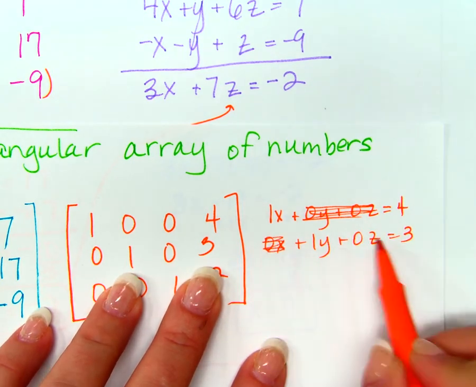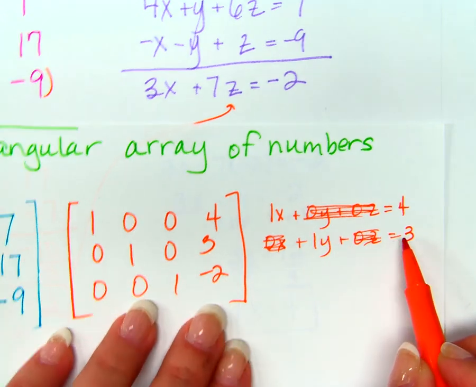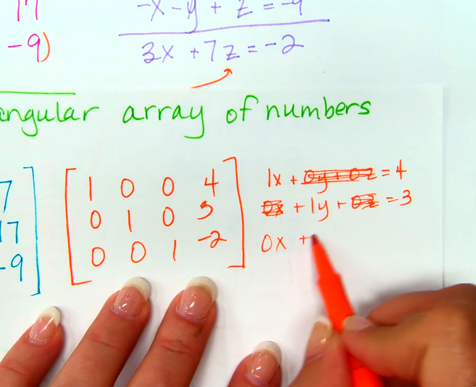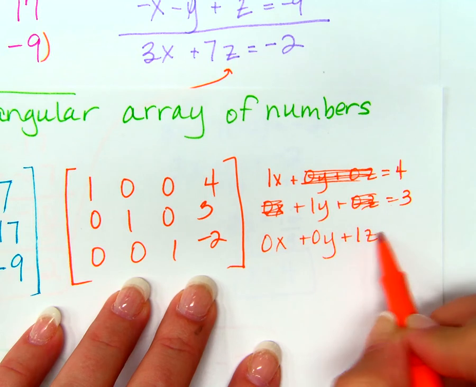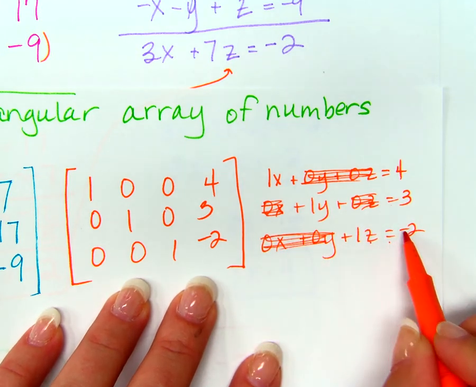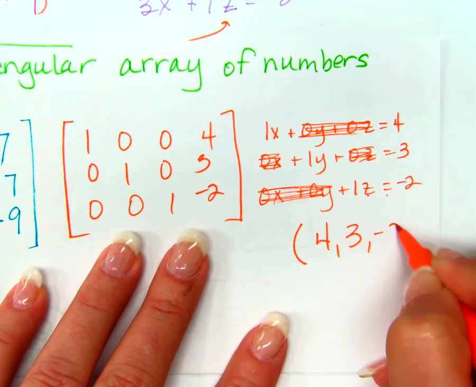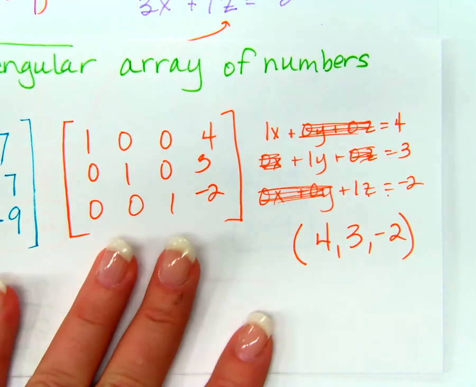Don't care about that. Y equals 3. 0x plus 0y plus 1z equals negative 2. Z equals negative 2. My answer then is 4, 3, negative 2.